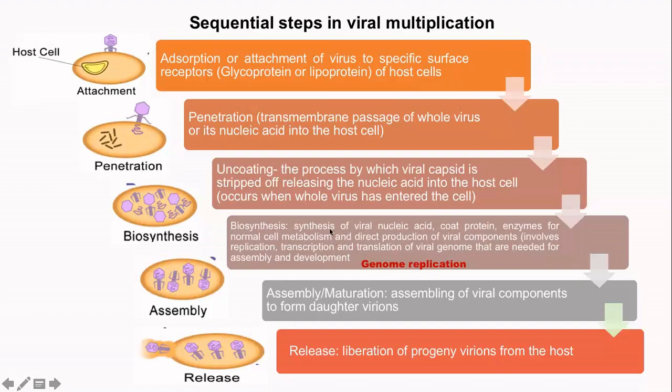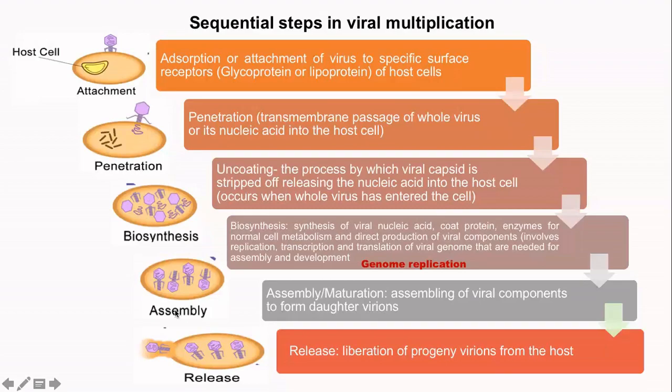So, in the biosynthesis stage, the viral nucleic acid is replicated. It also starts producing the host proteins and the enzymes needed for the replication of the genetic material, as well as the synthesis of the proteins.